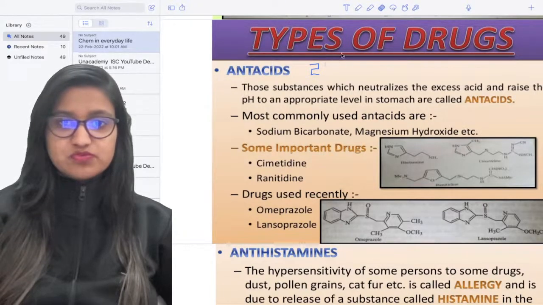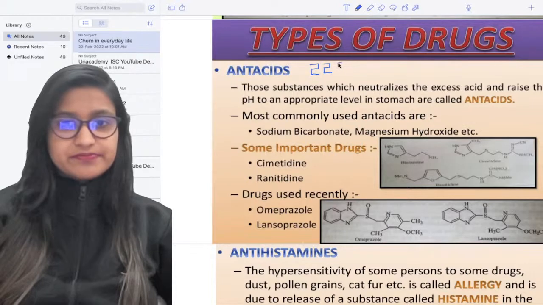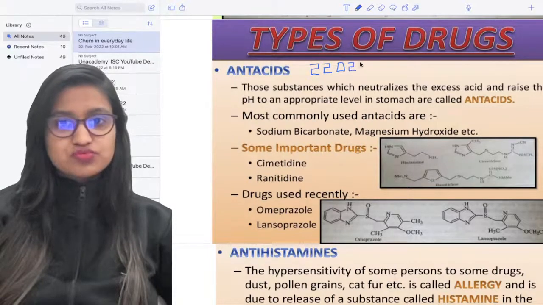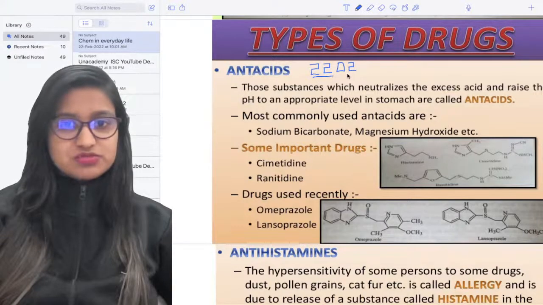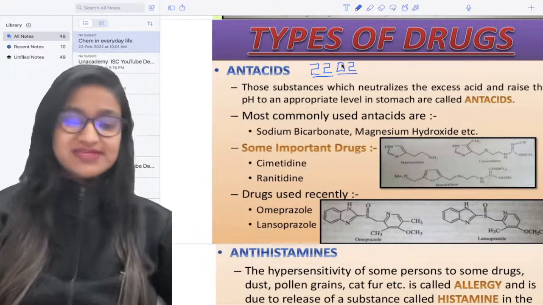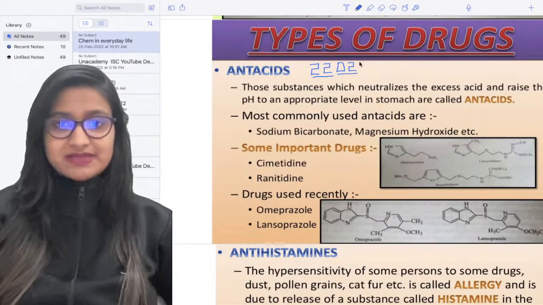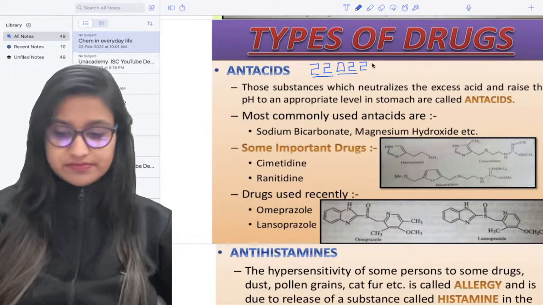It will be even more interesting. 22 February 02, because February is the second month, and then 2022.